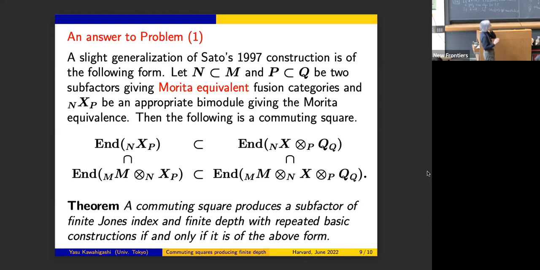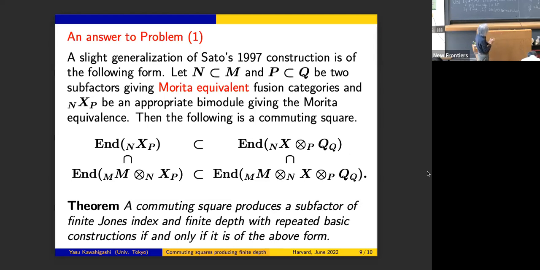This is a tensor category version of Morita equivalence. So from a single subfactor, we get two mutually Morita equivalent fusion categories. And for another subfactor, P in Q, we get another pair of Morita equivalent fusion categories.